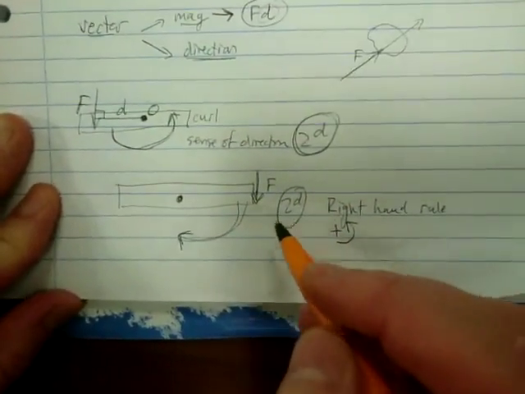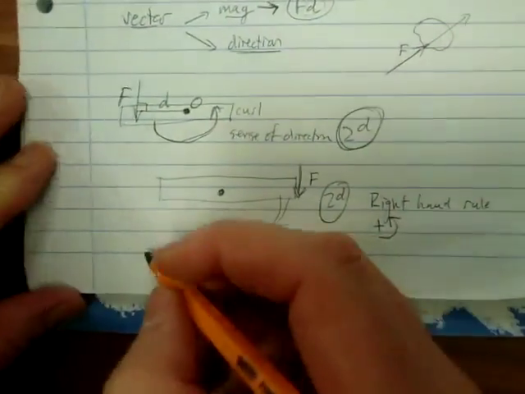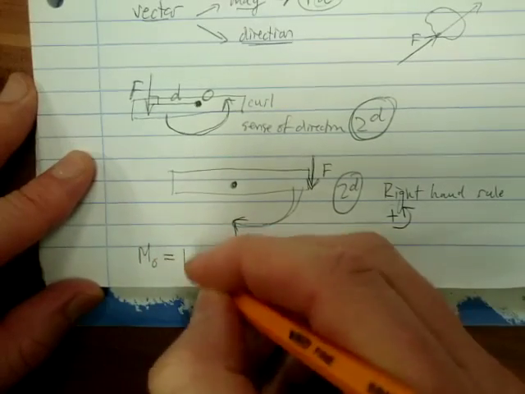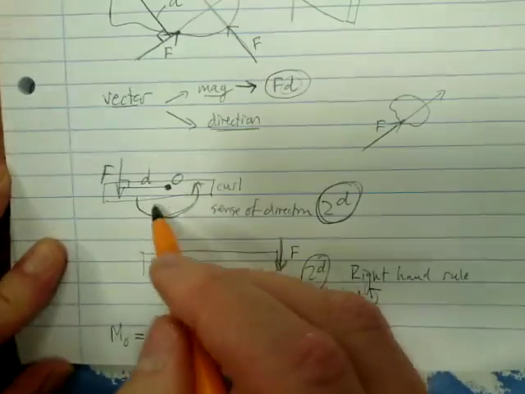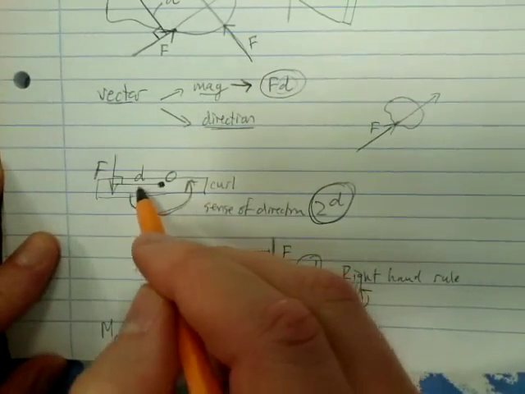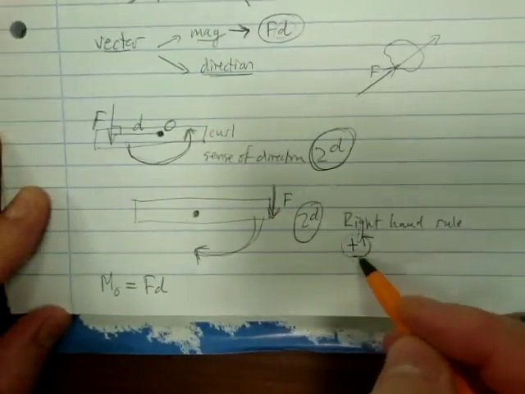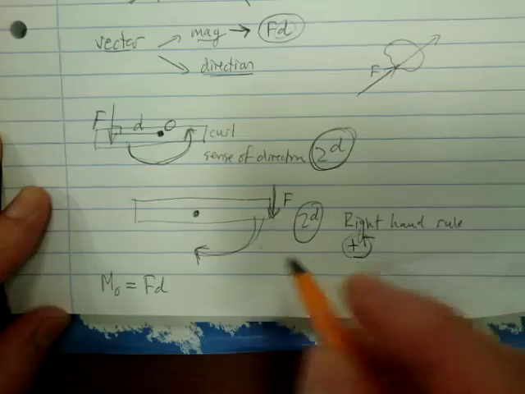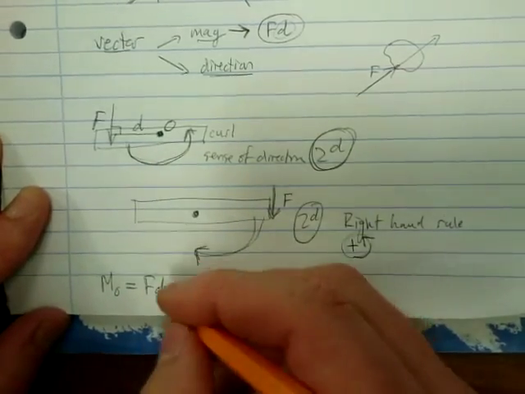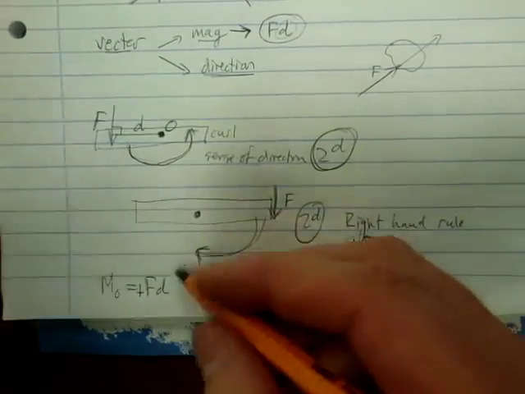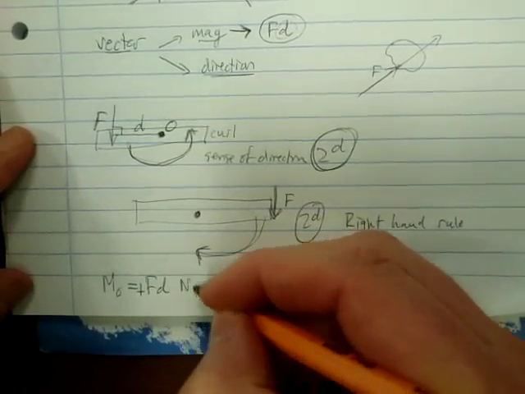So in two-dimensional space, we will have MO equal to force times distance, and because it is rotating the body counterclockwise, anti-clockwise about point O, this value will be positive. I forgot to mention the units are Newton meter.